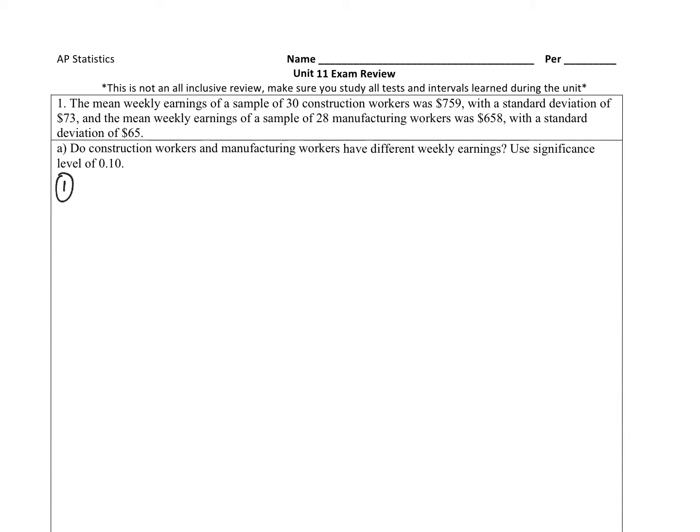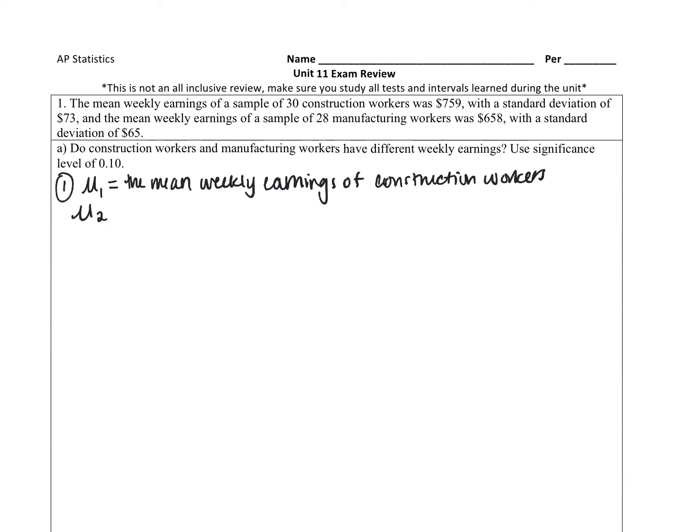So number one, we're going to define mu sub 1 as the mean weekly earnings of construction workers, and mu sub 2 as the mean weekly earnings of manufacturing workers.